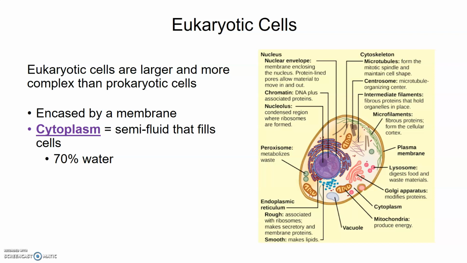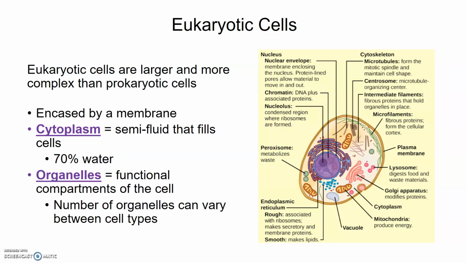And this gel, the cytoplasm, is made up of about 70% water. And that is going to become important when we talk about how the membranes, both the plasma membrane and other membranes, are organized. And then within that cytoplasm, in a eukaryotic cell, you'll find organelles, or sort of the organs or functional compartments of a cell.